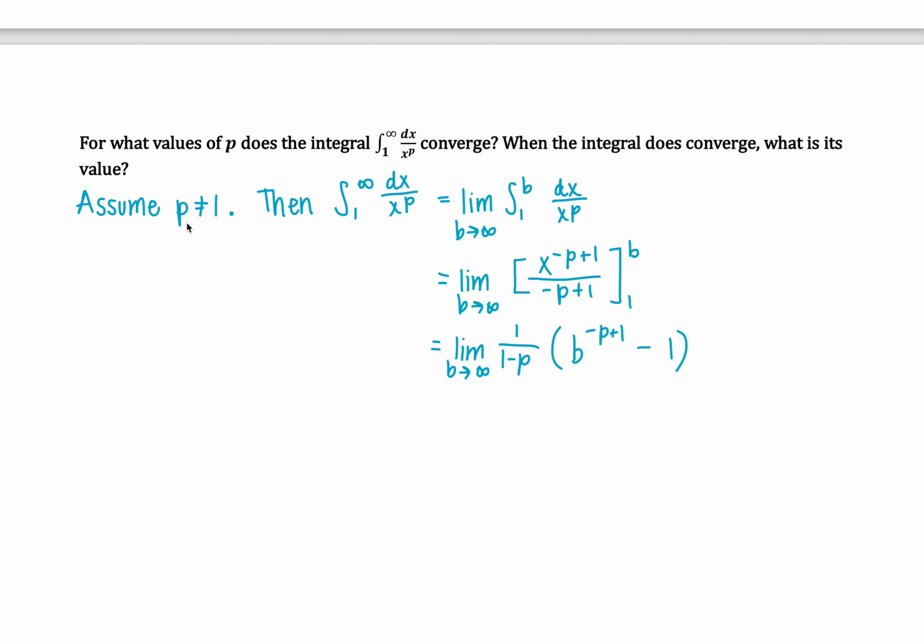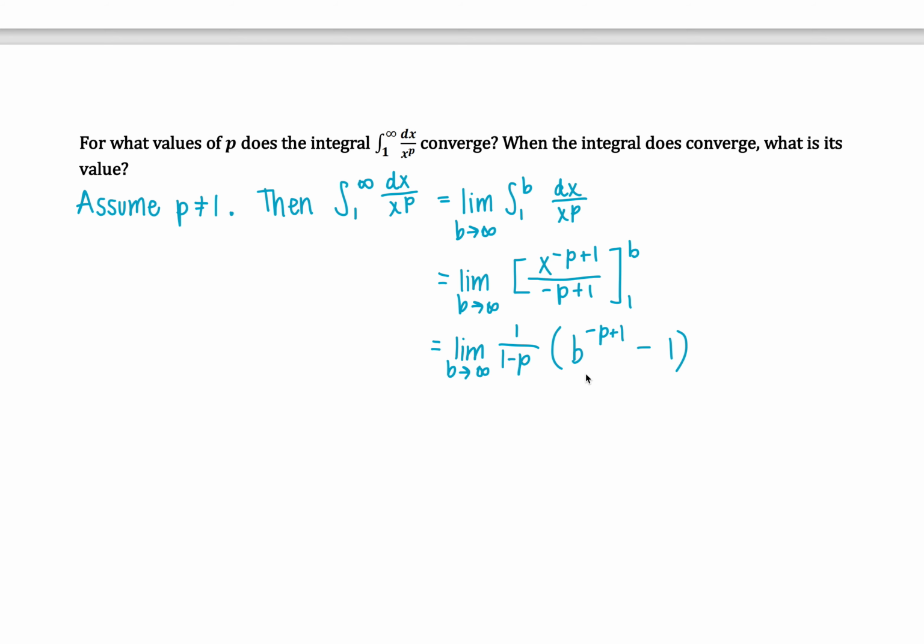All I assumed at the beginning is that p is not equal to 1. So p could be something like 4, in which case this would be negative 4 plus 1, or b to the negative third power. And if you had something like that, b to the negative third, it'd be 1 over b to the third. Well, as b goes to infinity, that would go to 0.